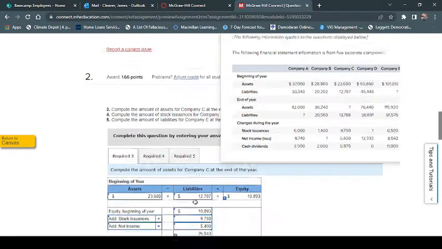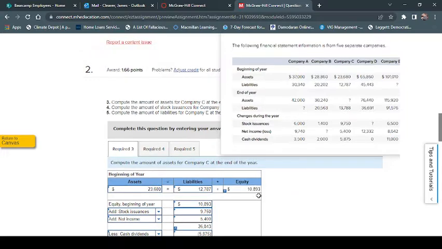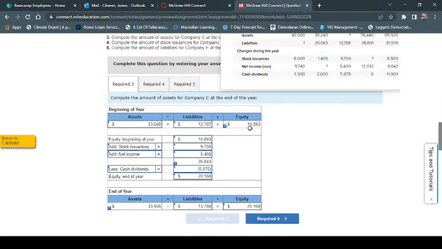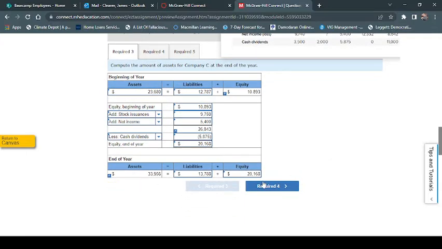Right, there's company C, and equity 10,893. So that's my beginning of the year equity. So I put it in there, and then I add my stock, add my net income, and then subtract my dividends to get my end of the year equity, which is 20,168.